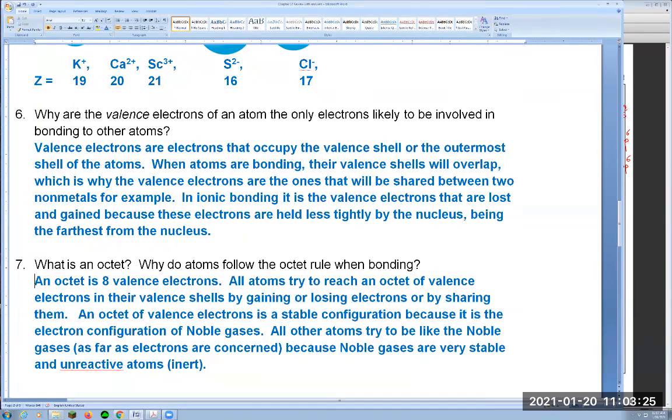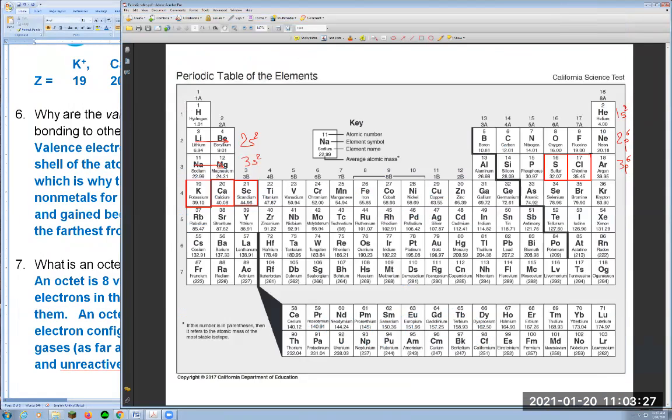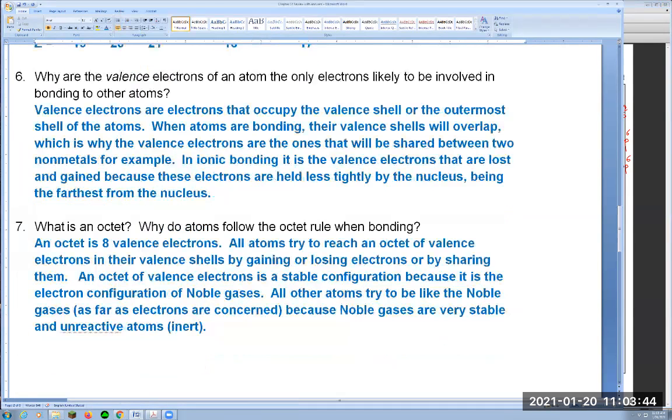Notice how noble gases here in the periodic table are in group 8A, which means they have 8 valence electrons, except helium. So neon, argon, krypton, xenon, radon, and oganesson all have 8 valence electrons, and all other atoms try to be like them. All other atoms try to be like the noble gases, as far as the electrons are concerned, right?